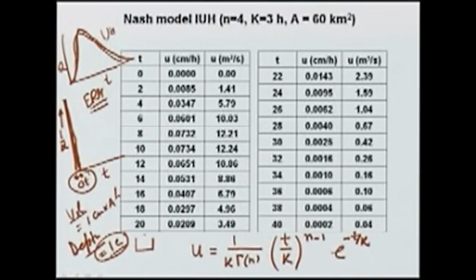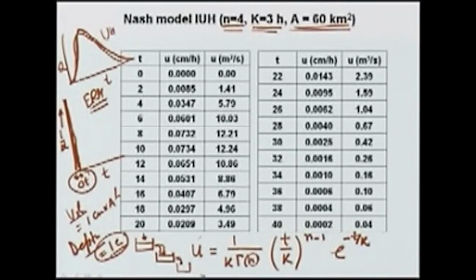So, we have a reservoir in which there is some rain here, some outflow goes into second reservoir, there is some outflow which goes into third reservoir, and so on. So, n is the number of reservoirs and k is a time constant. In this case, we have taken, to illustrate the Nash hydrograph, n equal to 4 and k equal to 3 hours for a catchment of area 60 kilometer square.